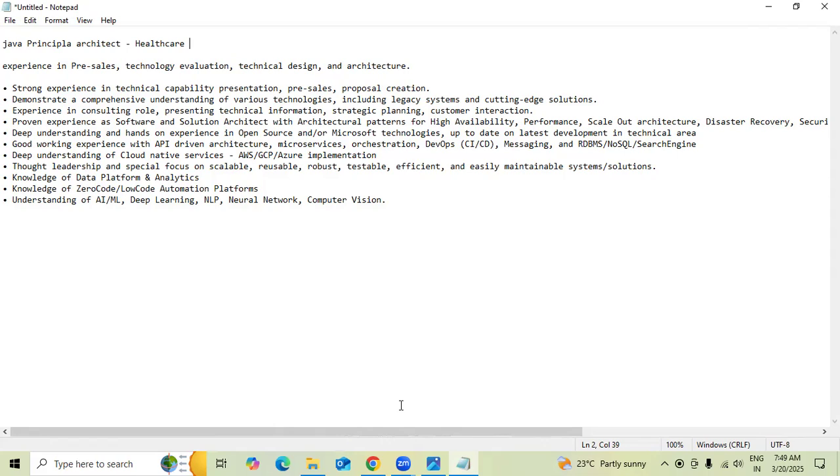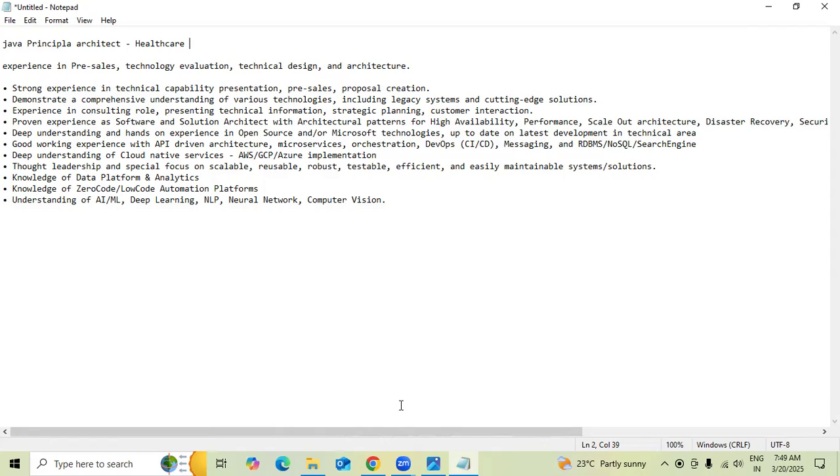This is of course optional, because I don't say it is required for every profile. So understanding artificial intelligence, machine learning, deep learning, NLP and neural networks, as I told you in the last session.